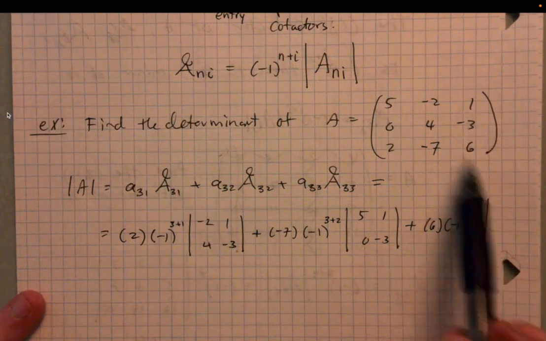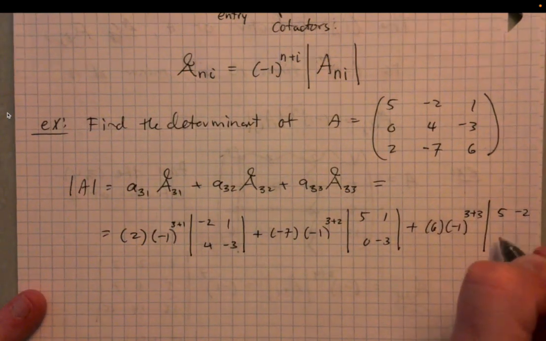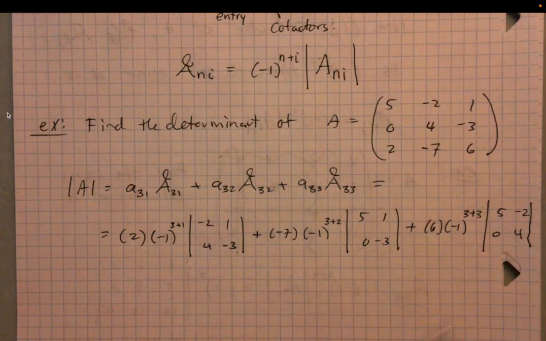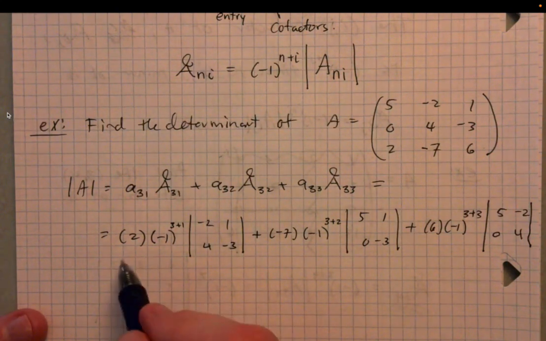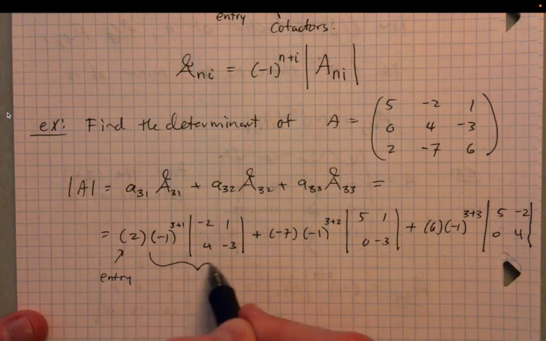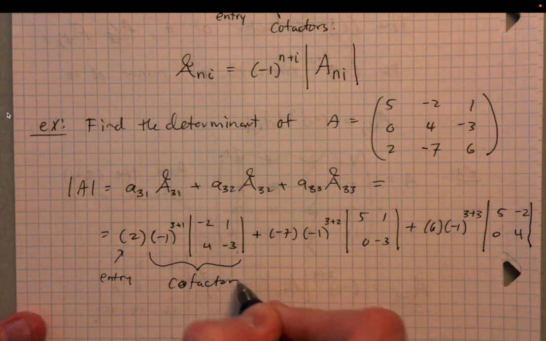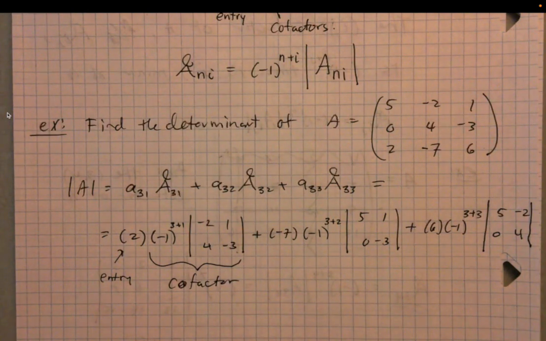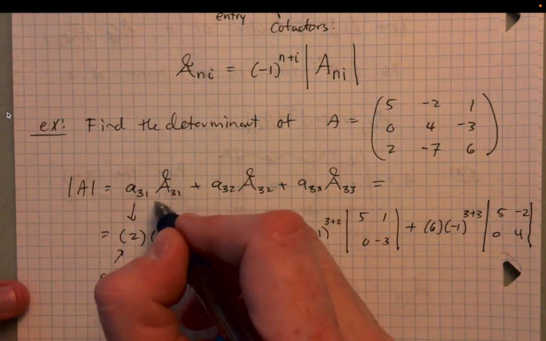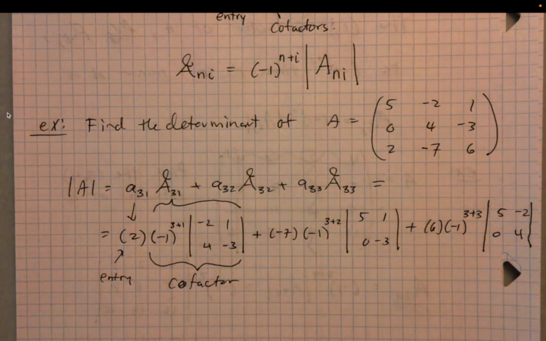And then that submatrix will be 5, -2, 0, 4. Okay, so that's the setup. So this part here again is the entry, and this part here is the cofactor, just to make plain what's going on here.